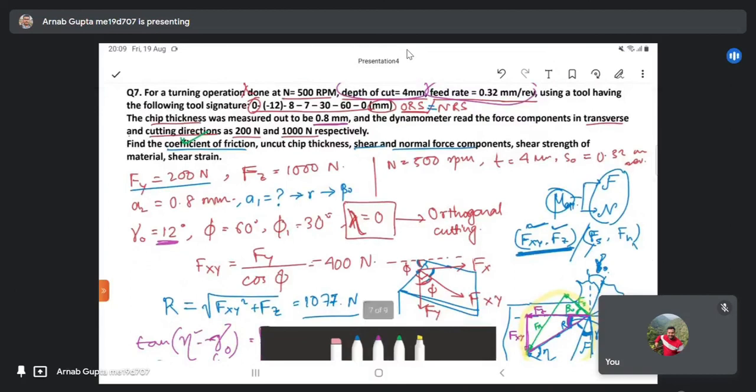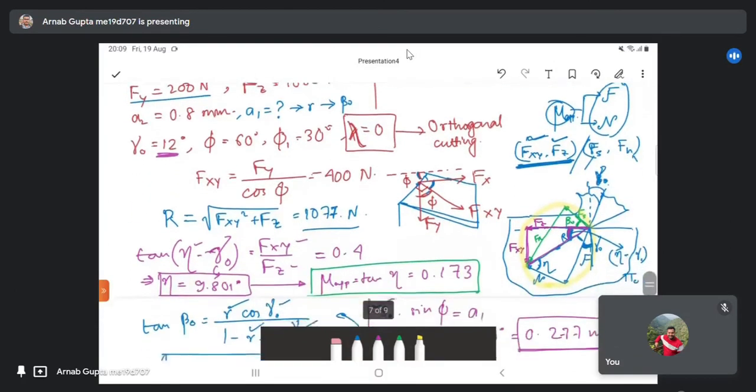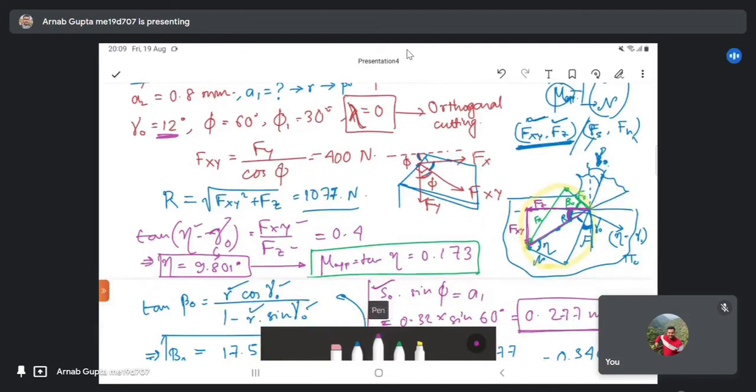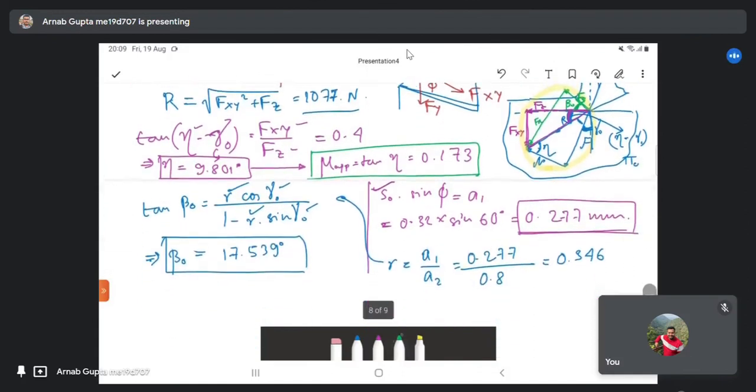Why did we calculate beta naught? Because if we look at the Merchant circle, to calculate Fs and Fn, these green colored components, we need to know this particular angle. Only then can we relate R or any other Fz, Fxy with this Fs and Fn. Otherwise, it's not possible. Now it's easy. Fs is nothing but R cos of beta naught plus the angle we have already calculated, eta minus gamma naught.